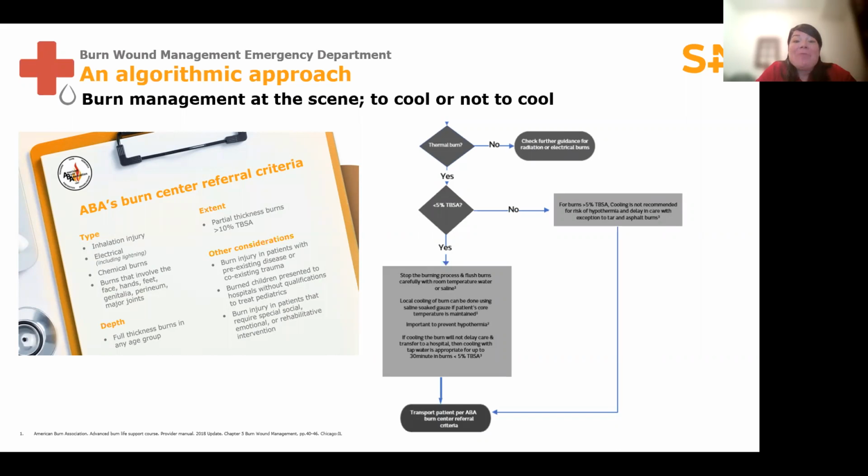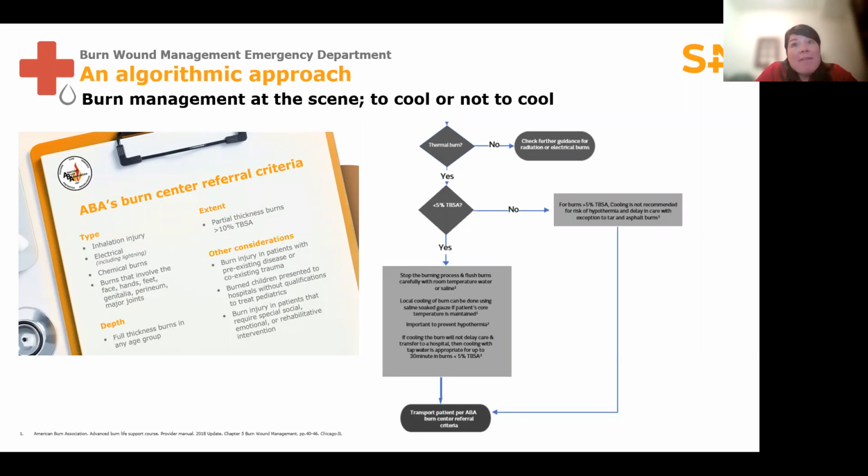So this is again where you're going to be checking for guidance from the burn center referral criteria. And this is also where it's important to look at what the total body surface area is. Is it less than 5% TBSA, or is it greater than 5% TBSA?